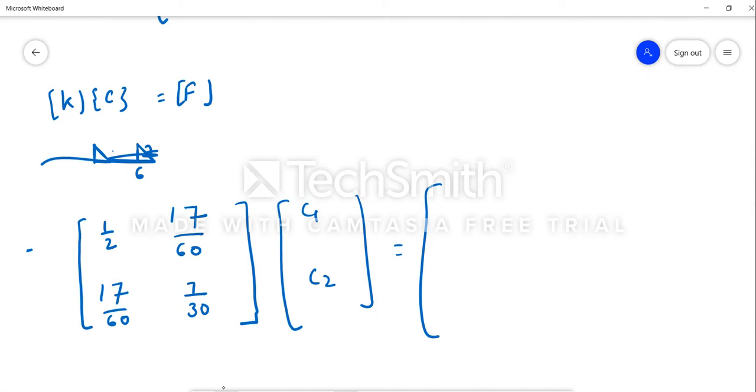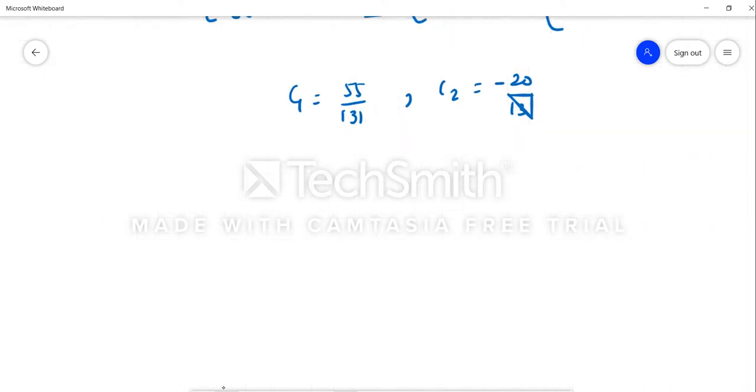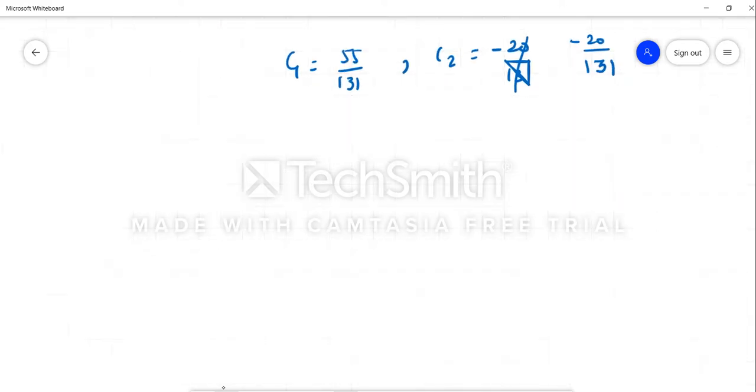On solving, we will get the C1 value equal to 55 upon 131, and C2 equal to minus 20 over 131. So these are the Rayleigh-Ritz parameters.